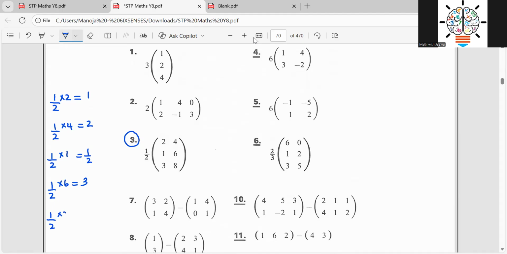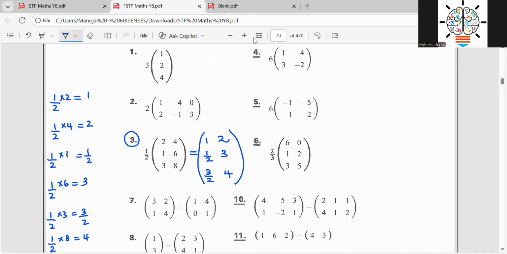Half into 3, the answer is 3/2. Then half into 8, the answer is 4. Then what I do, I write this 1, 2, half, 3, 3/2, 4, and you draw the curve bracket like this.